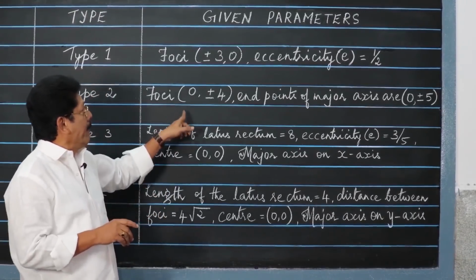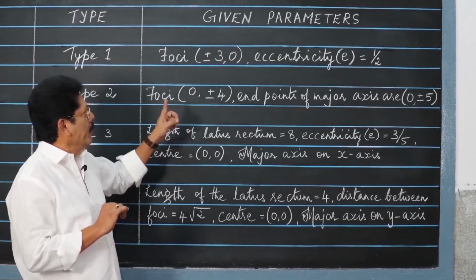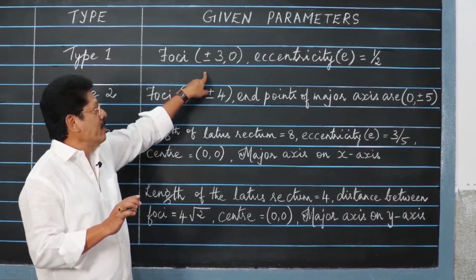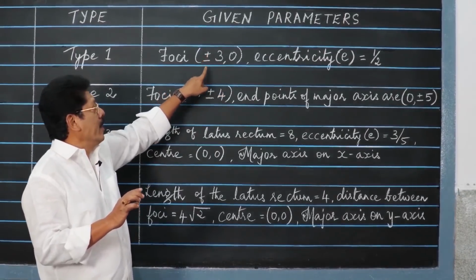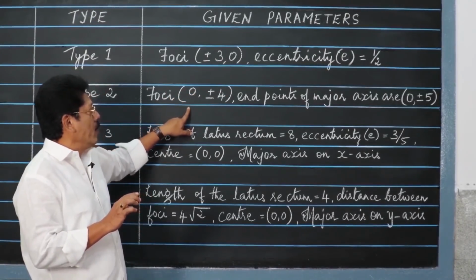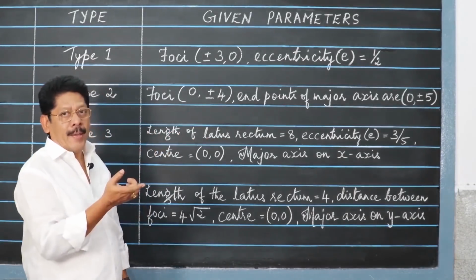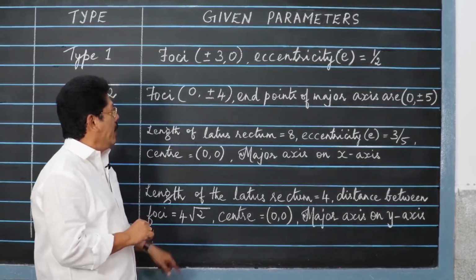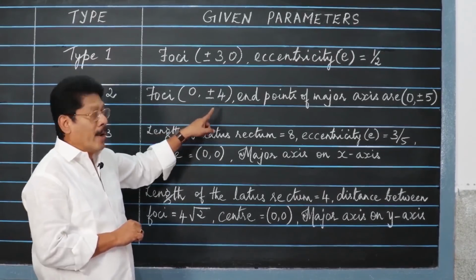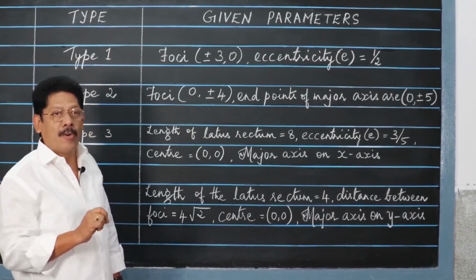Next is comparing the first problem and the second problem. What do you find? Here, plus or minus 3, 0 is the x and y coordinate, and here 0, plus or minus 4 is x and y. In this case, x is 0, and y only has a value of plus or minus 4.